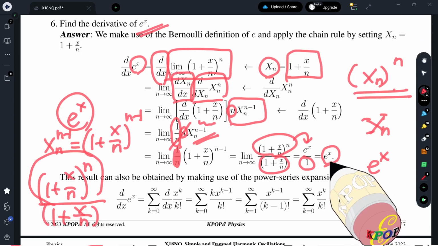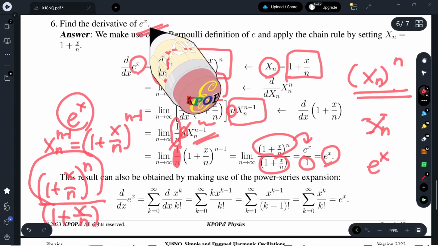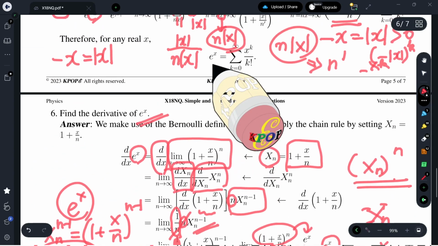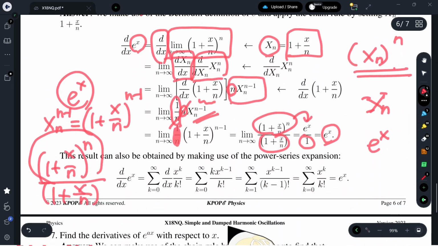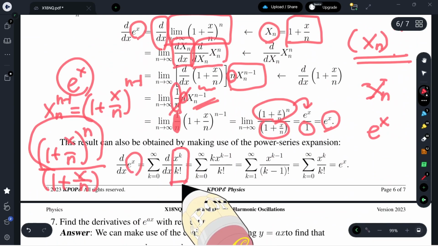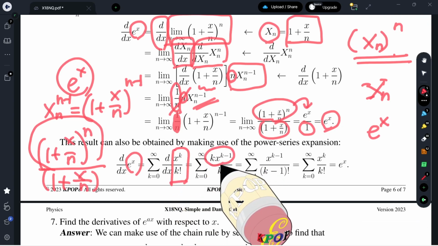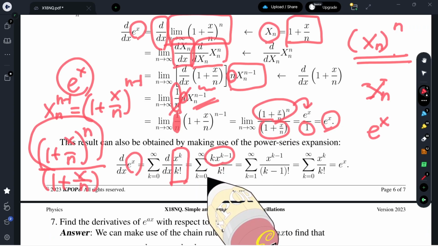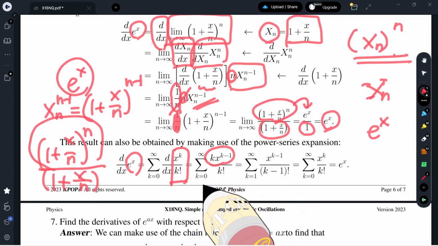Another way to compute the derivative of exponential x can be made by making use of the power series expansion. We use the power series expansion of the exponential function, and we know how to take the derivative of the polynomial. The sum is over k that runs from 0 to infinity. Therefore, the first term at k equals 0 vanishes.